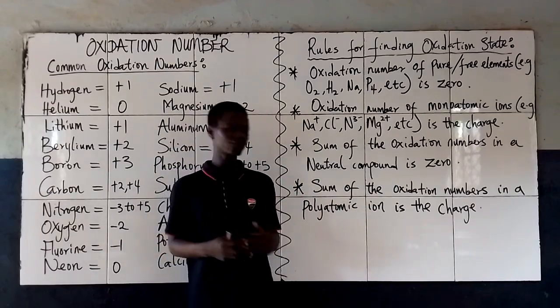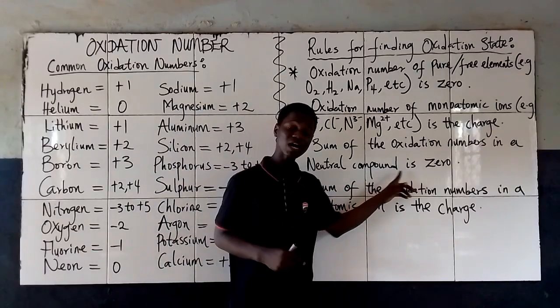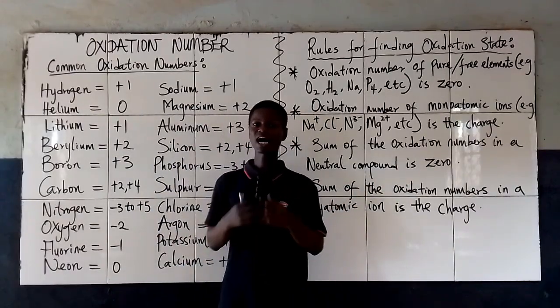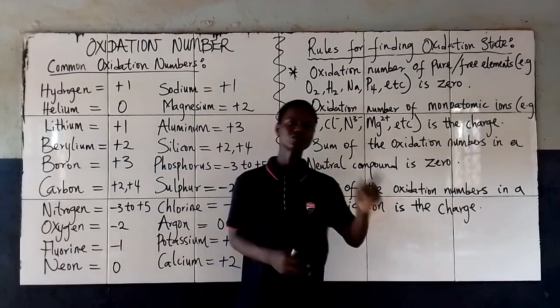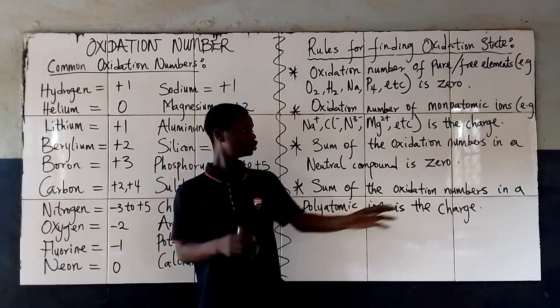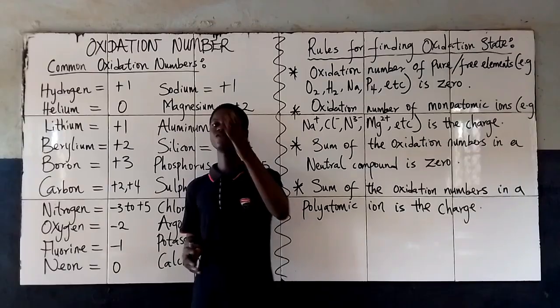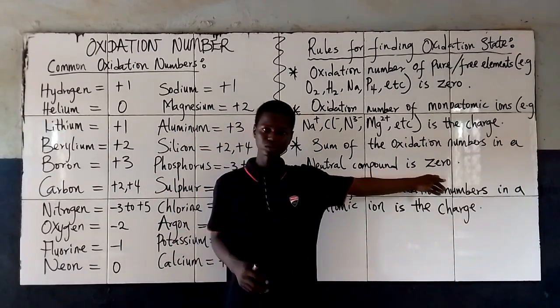Now, if you are asked to find the oxidation state of a certain element in a neutral compound, emphasis on neutral compound, what will you say and how will you go about it? There is a rule to use, and the rule is that the sum of the oxidation numbers of all the elements in that neutral compound should be equivalent to what? 0. So when you are adding up the individual oxidation numbers of the elements, you should equate it to 0.